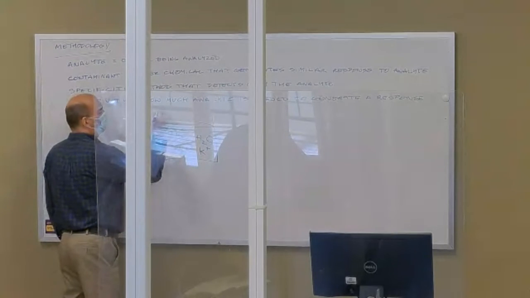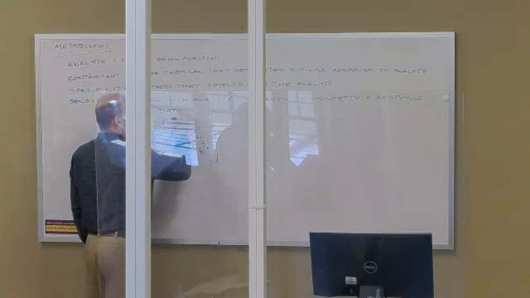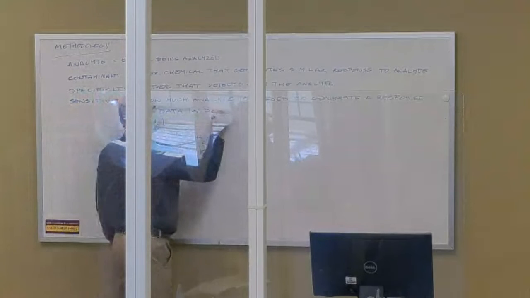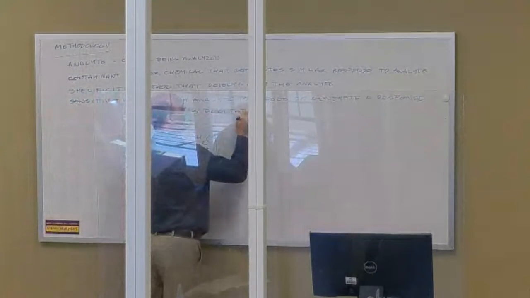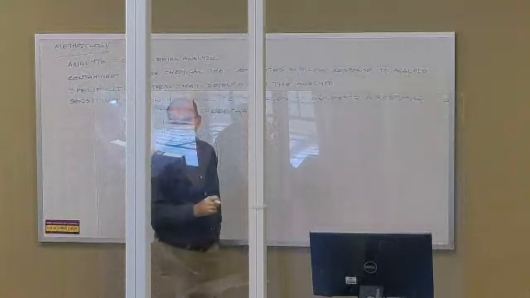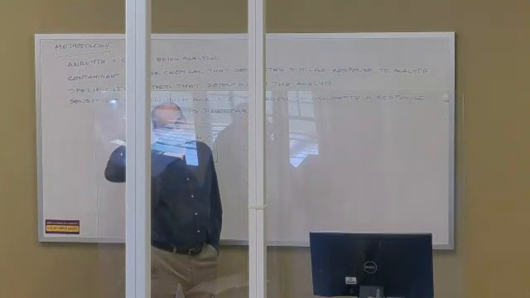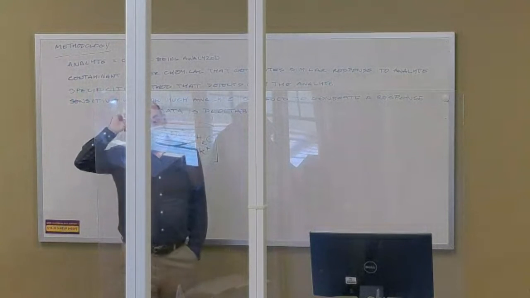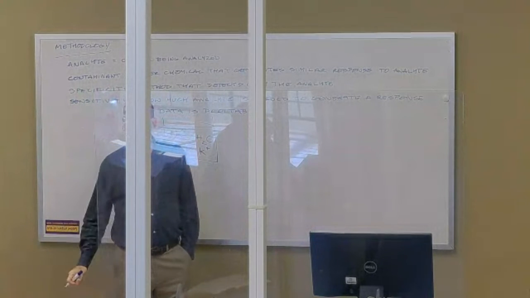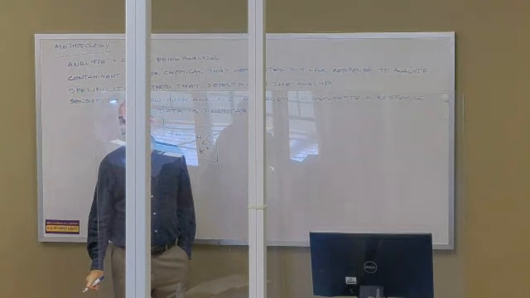So if data is plottable, and if you have plottable data, you should plot it. Because your brain's as good as that software that puts the least squares fit through a scatter graph.